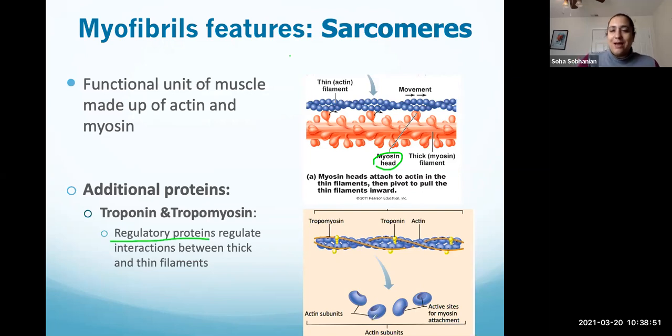So in this image you have on the bottom, again, the blue beads represent your actin. The little string that is covering those little binding sites are your tropomyosin, and the little yellow circles that you see are your troponin. So pay attention to this, guys.